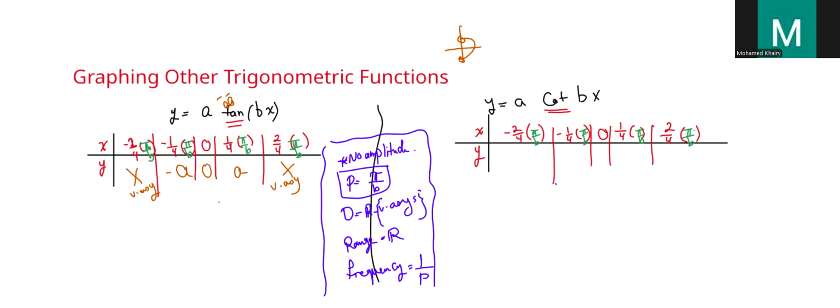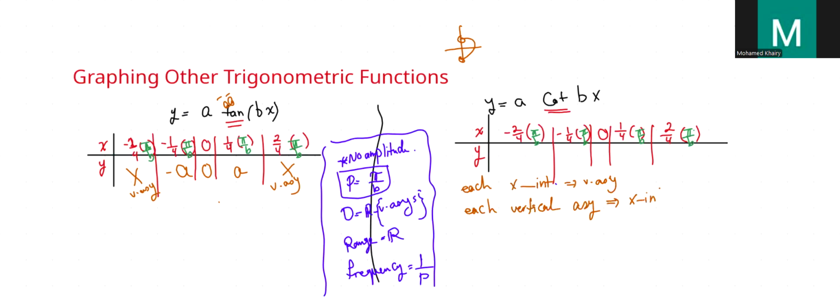Here in cotan, each x-intercept will be what? Vertical asymptote. And each vertical asymptote will be what? X-intercept. Yes.